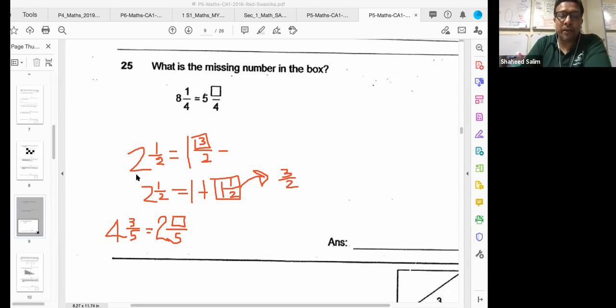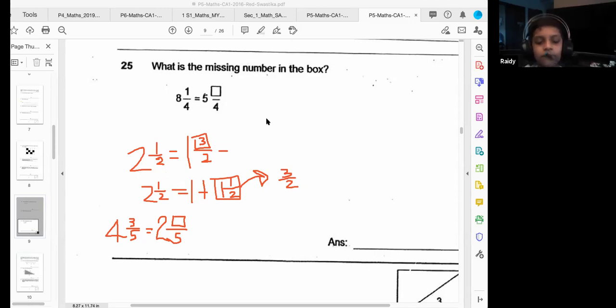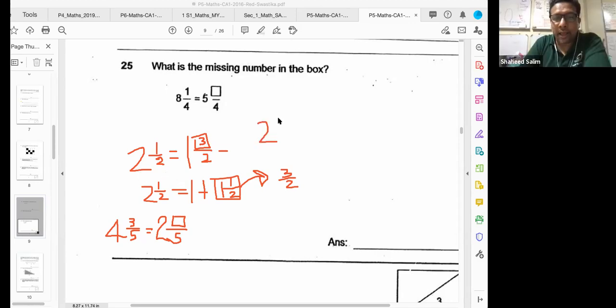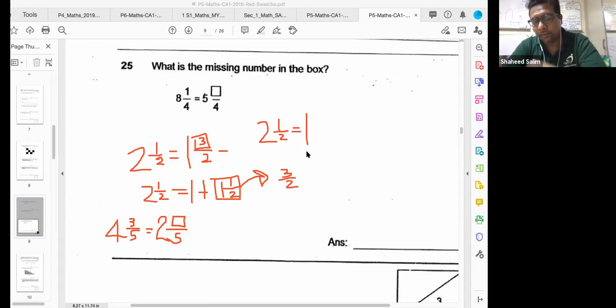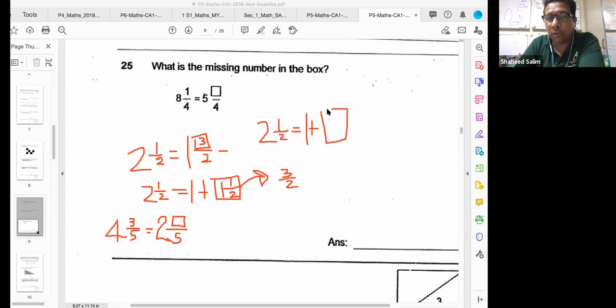So now, imagine I come back to this, 2.5. Now they say it is equal to 1 because they don't tell you over what, right? Is it equal or not equal? Is this equal, Miss Shabia? No, right? It's not equal. So now you must still plus something. What number must you plus to 1 whole?